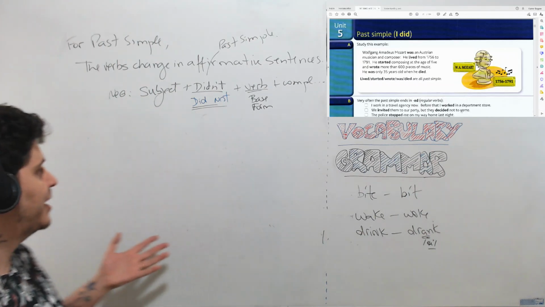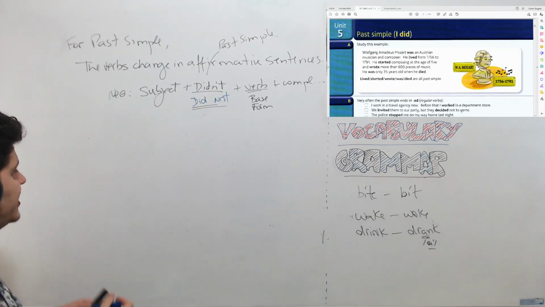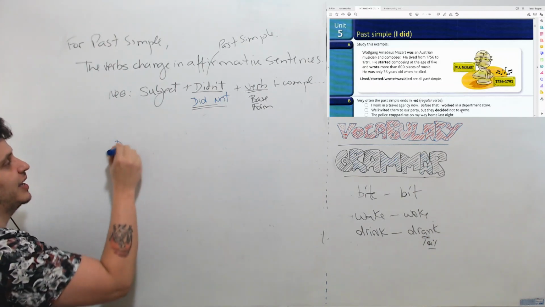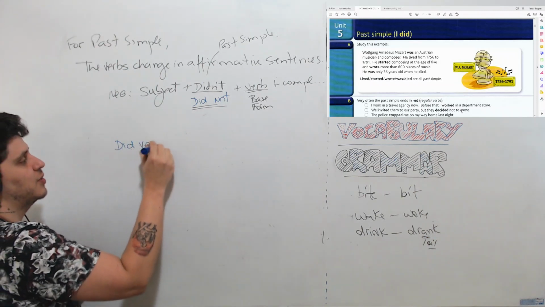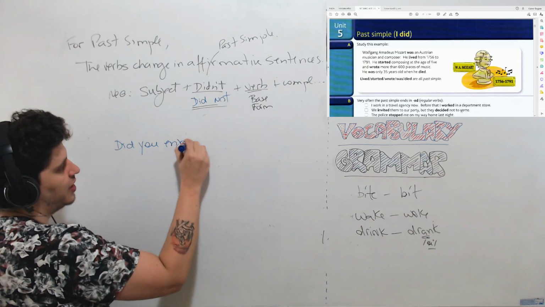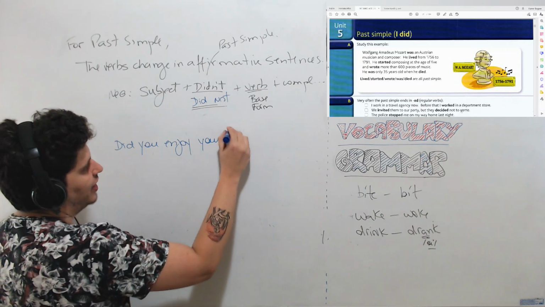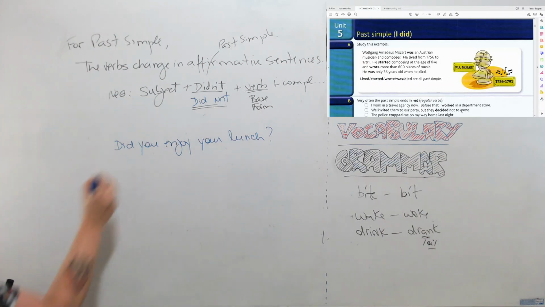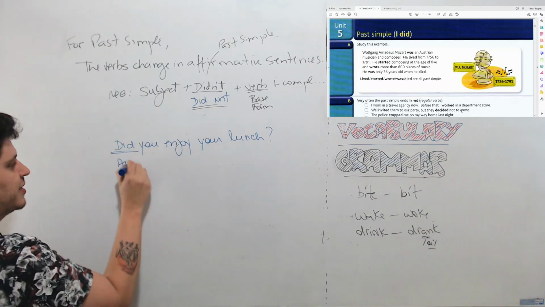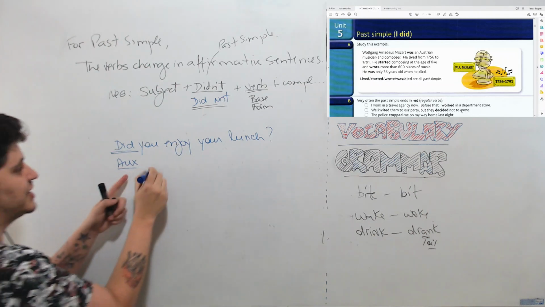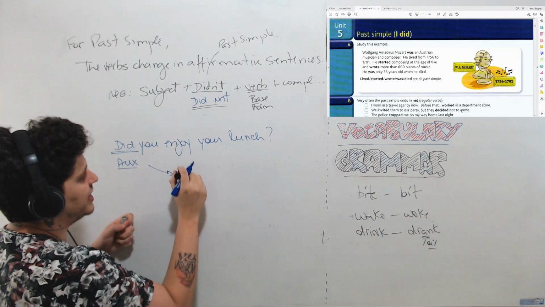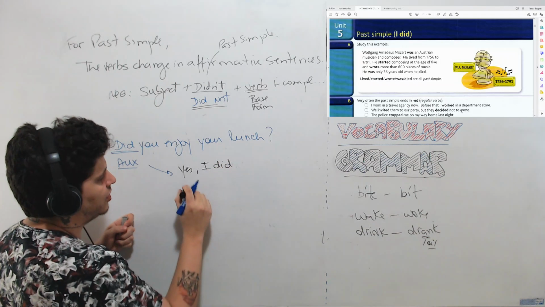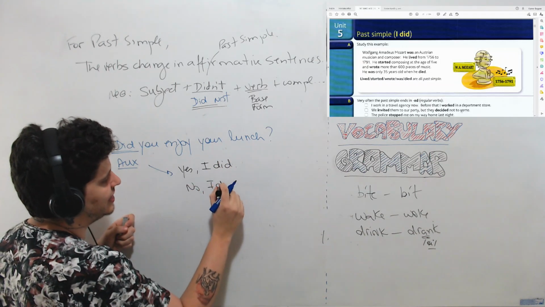But let me remind you again that questions that start with the auxiliary itself, like "Did you enjoy your lunch?" Okay, this is starting with the auxiliary, and this is because the answer for it is "Yes, I did," or "No, I didn't."